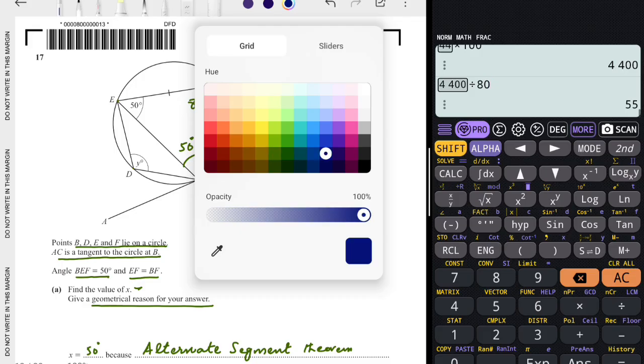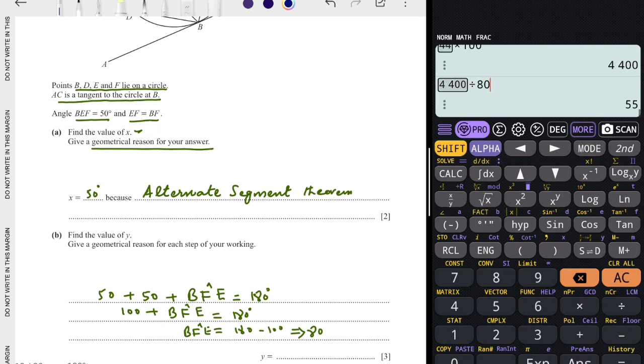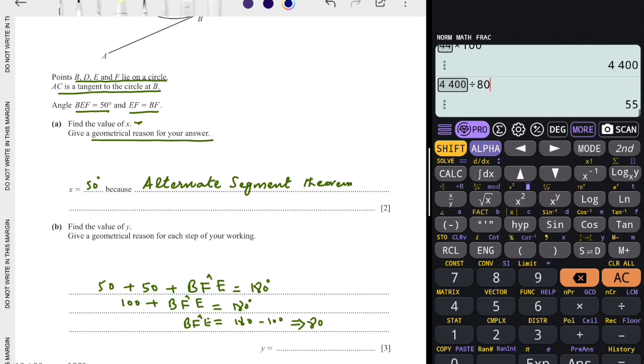Now according to the property of a cyclic quadrilateral, angle D and angle F sum to 180 degrees. So angle D plus angle F is equal to 180 degrees. Angle F is 100, so angle D is missing, so we subtract: D would be 180 minus 100, it would be 80.